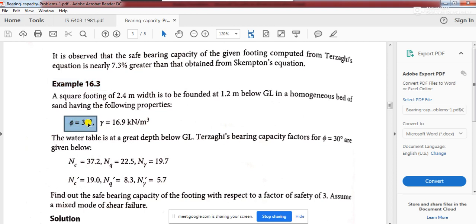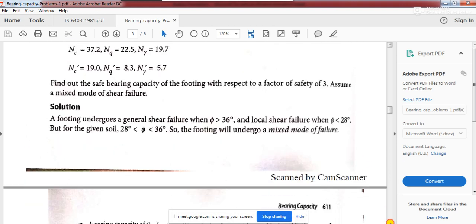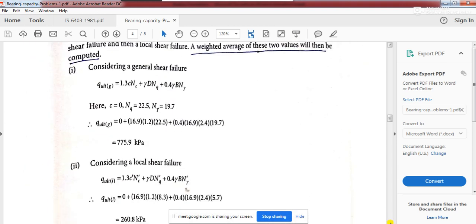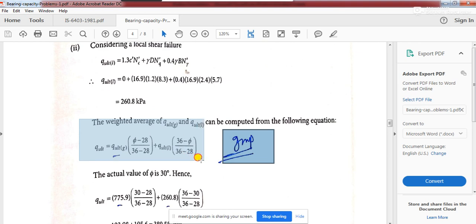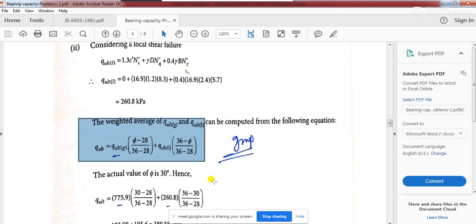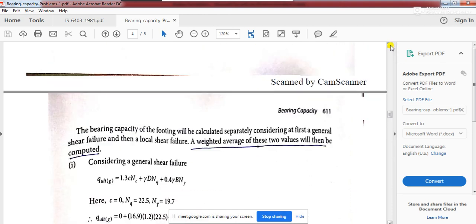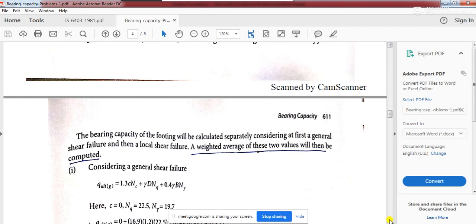So the soil is neither failing by local shear nor failing by general shear. So there are some techniques to be applied for solving this kind of problem, which I want to discuss separately with you. See, important, I have written here, important. So we'll discuss this. There is another one, interpolation will be coming into picture. So you don't try to understand this problem as of now. I will explain it, then only you read it and try it.